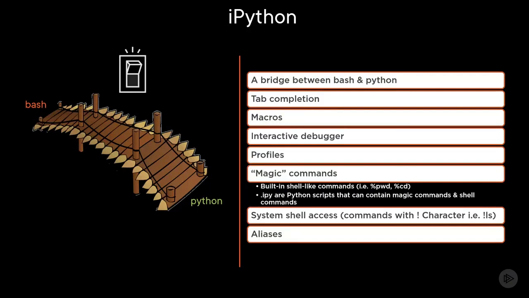I kind of mentioned that, but with aliases, basically you can go ahead and create aliases for commands or syntax and run that from IPython. And so we could create aliases for certain shell commands, or we could create aliases for Python code that we've written, and we can use that to call it and shorten things and make things more efficient and easier.